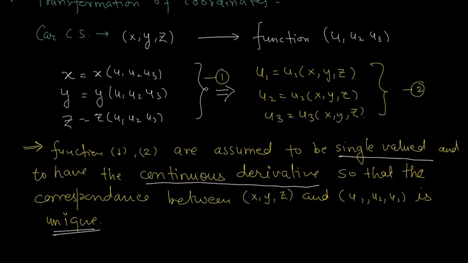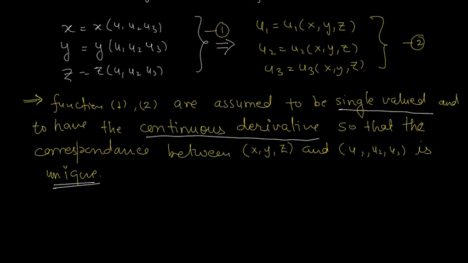Now let us define what I mean by curvilinear. I have given you a rectangular coordinate system x, y, z as previously, and I defined a unique relation between x, y, z and u1, u2, u3.